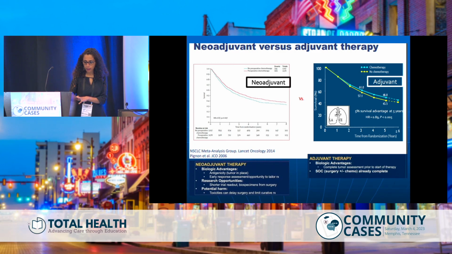You have the complete tumor in your hand, so you can assess the exact molecular profile of the tumor, and they've already had their surgery, the bulk of disease has been removed, and then you're working on microscopic disease. So both of them have kind of pros and cons. But what is striking here, and it's a cross-trial comparison, is that the curves are identical in these two. So whether you do it neoadjuvant or adjuvant, you gain benefit.